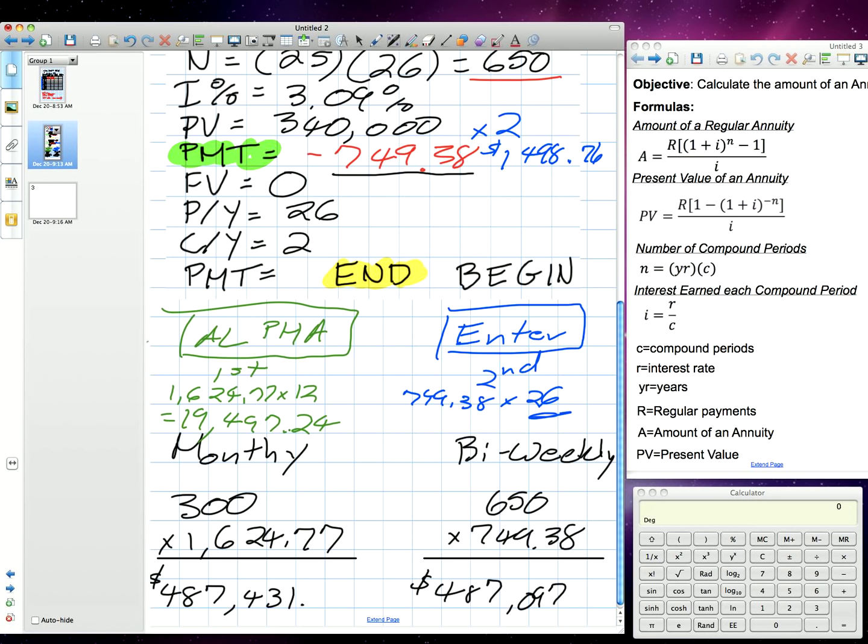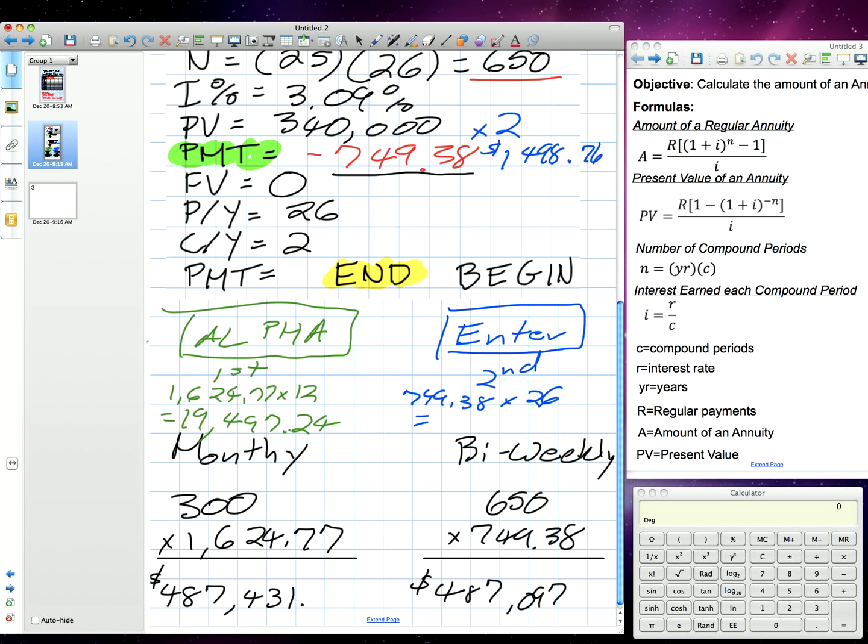Now our biweekly, we're spending $749.38, but we're making 26 payments a year. Remember, 26 payments is more than double 12. Twice a year, I make 3 payments in a month. That month might be tough for me, because I'm spending a little more. We multiply $749.38 times the 26 payments.